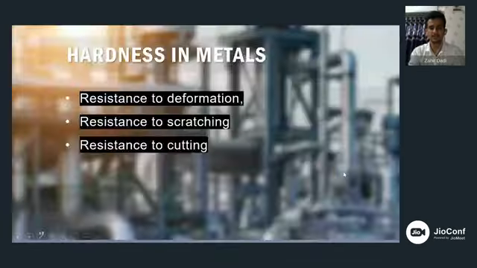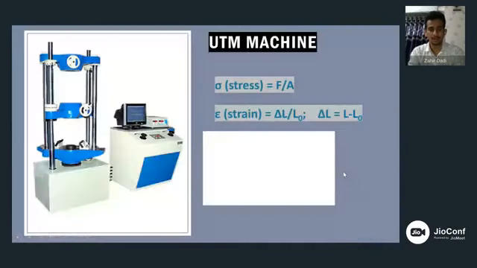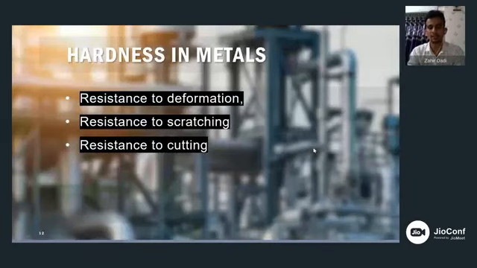Okay, so as we have seen in the practical of this tensile machine, how it derives the tensile strength of a material. Now we are going to the second property, which is very important while manufacturing in industries, which is hardness. Hardness is nothing but resistance to deformation.